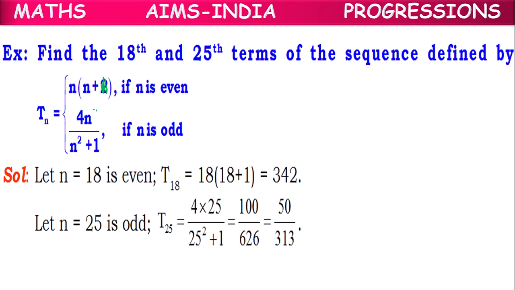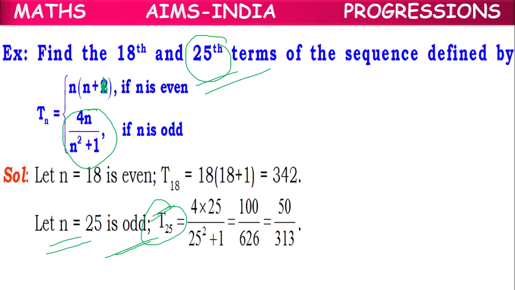Next, 4n by n square plus 1. The next term is the 25th term, n equal to 25, which is odd. So T25, with 25 in the subscript, and since 25 is odd, we consider this definition. 4n by n square plus 1: 4 into 25 is 100, 25 square is 625 plus 1 is 626.